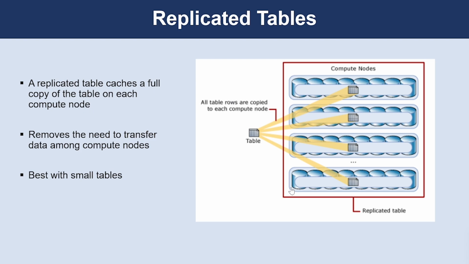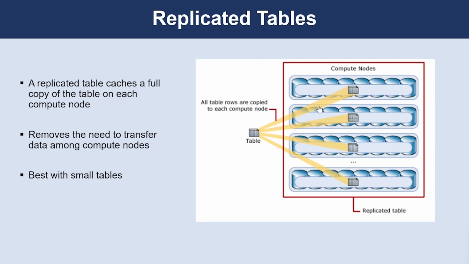Consequently, replicating a table removes the need to transfer data among compute nodes before a join or aggregation. Replicated tables are best utilized with small tables. Extra storage is required and there is additional overhead when writing data, which makes large tables impractical.